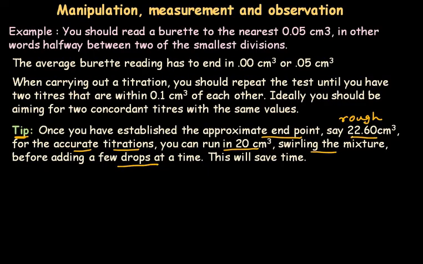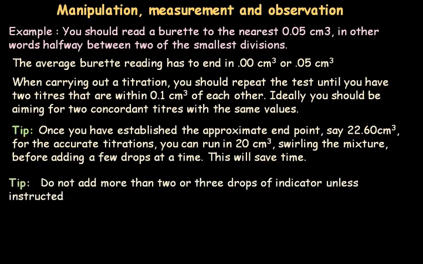Means that if our reading is approximately 22.6, we can run 20 centimeter cube directly and then add dropwise till we get the perfect color change. This is going to save our time for the practicals.